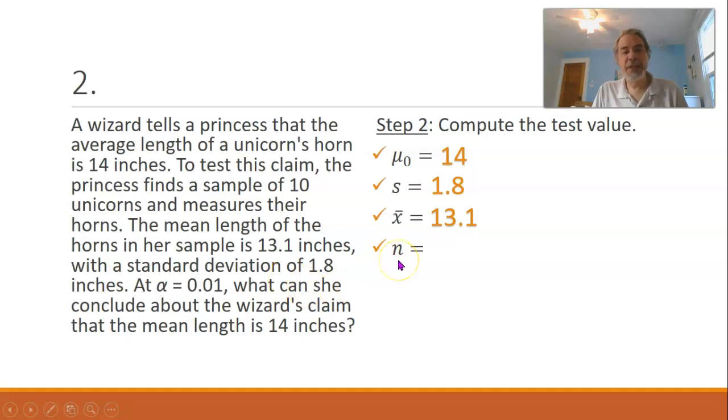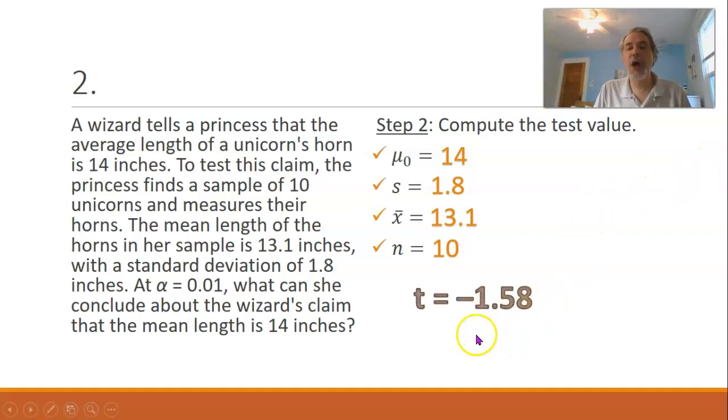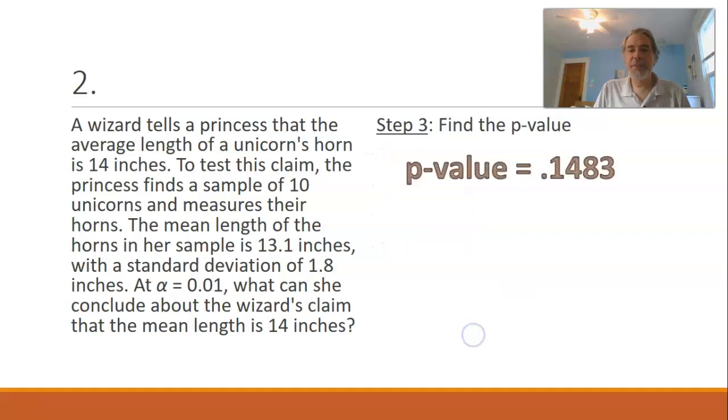And N, the sample size, how many unicorns were in the sample, that's 10. Then using these numbers and the method of your choice, we come up with a test value of t equals negative 1.58. And then the p-value turns out to be 0.1483.